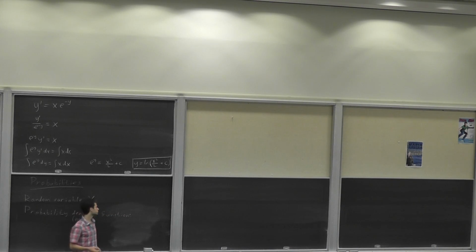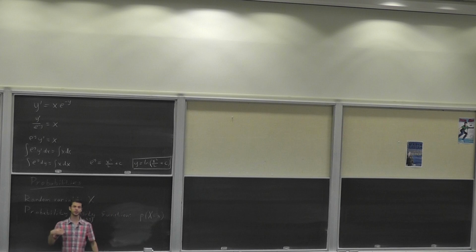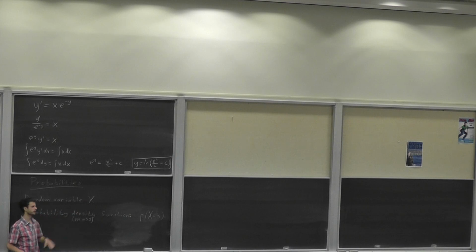And that's just a function which assigns to the outcome x the probability that the random variable is in fact x. So it's just the probability of each possible outcome as far as the random variable is concerned.